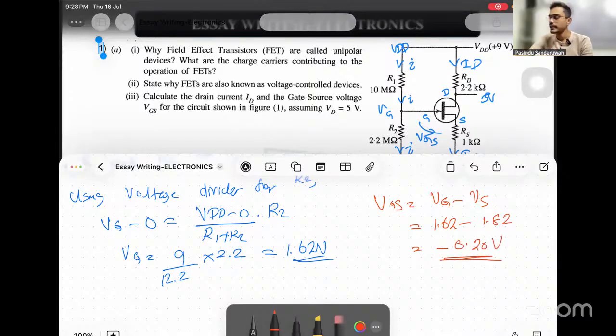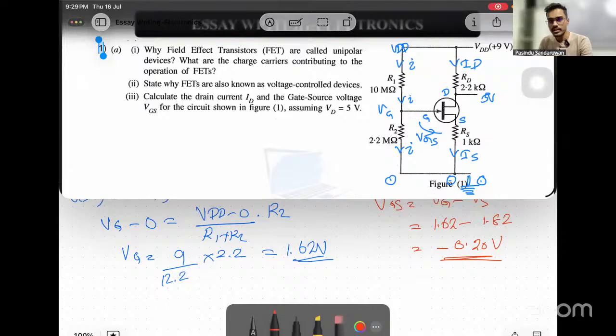In any kind of a FET, VGS is always a negative value, a minus value. So this is also a verification that you should get a minus value. We have got a minus value, so part 1 is done.